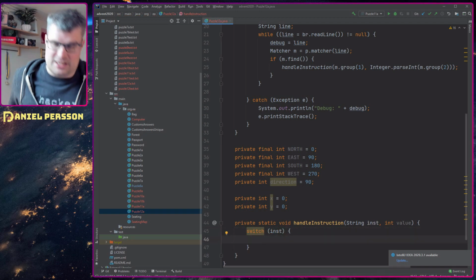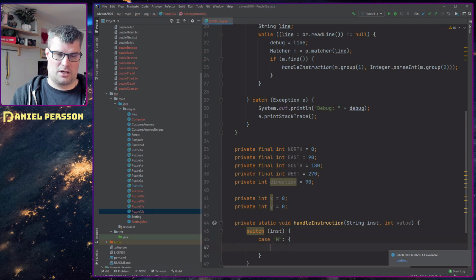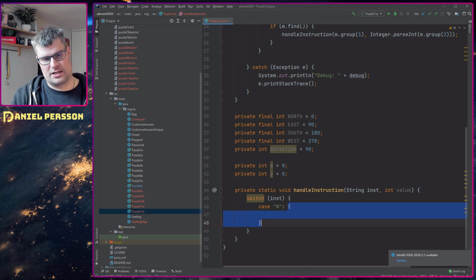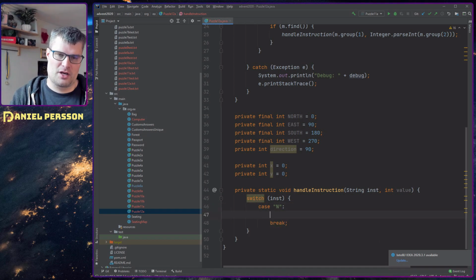So if we get the different cases here, we will do different things. So if the case is, for instance, north, we'll do something here. We can either do that, or we can do a break here. I think we do the break.